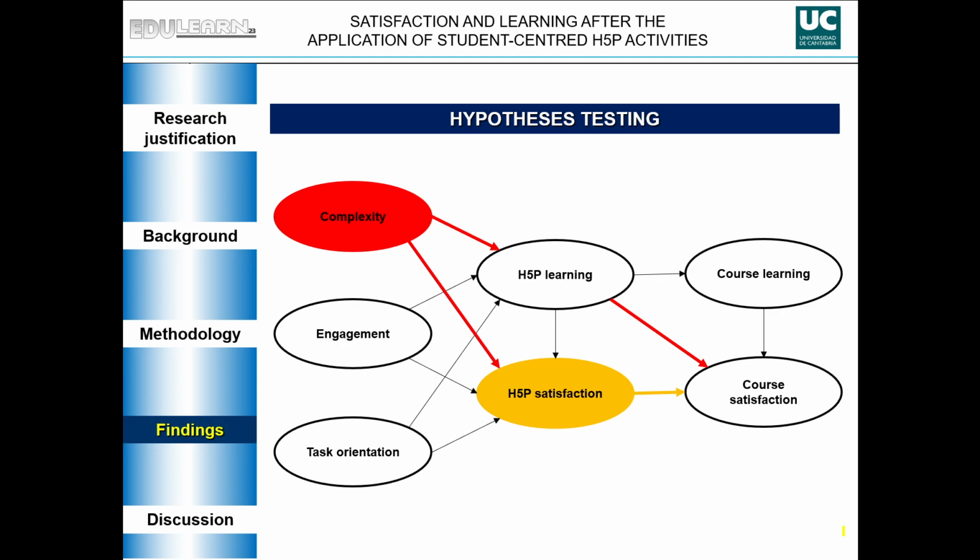We observed that complexity had to be removed from our model in order to improve the explanatory power, and we also observed that H5P learning did not have a direct impact on course satisfaction, but it was indirect, mediated by H5P satisfaction and also course learning that was the main antecedent of course satisfaction in our study.